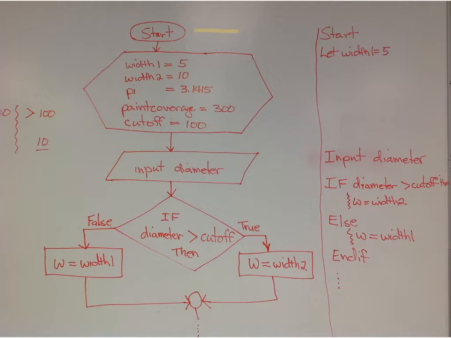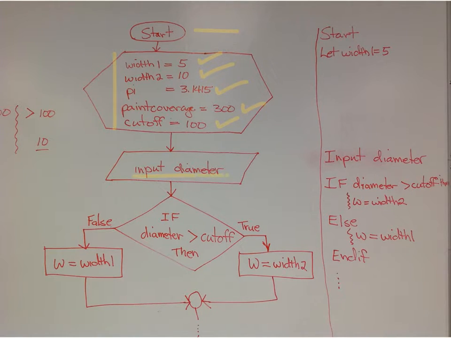Start, and we didn't complete it, but we initialized some items. We said width 1 was 5, width 2 was 10, we initialized pi, paint coverage was 300 feet per gallon or whatever the stipulation was the other day, and cutoff is going to be 100.